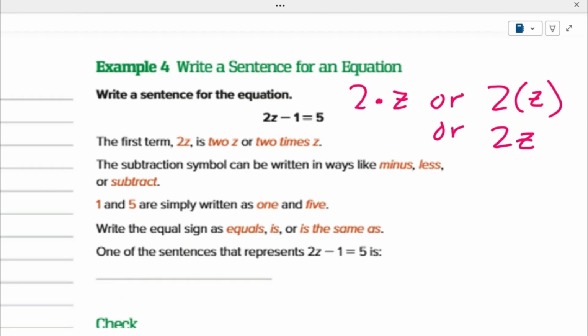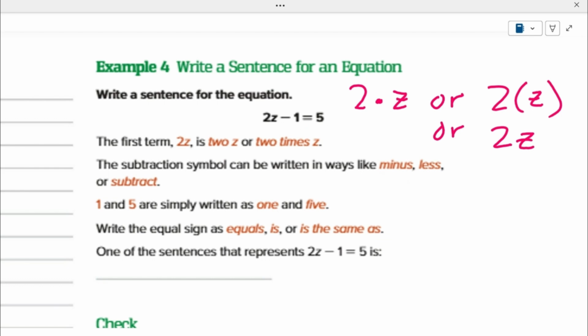That's what they say right here. The subtraction symbol can be written in ways like minus, less, or subtract. I would say minus in this case, so 2 times z minus. And then 1 and 5 are just written as 1 and 5, and we know that the equal sign is just going to be equal to, or is the same as, like we had in the example earlier.